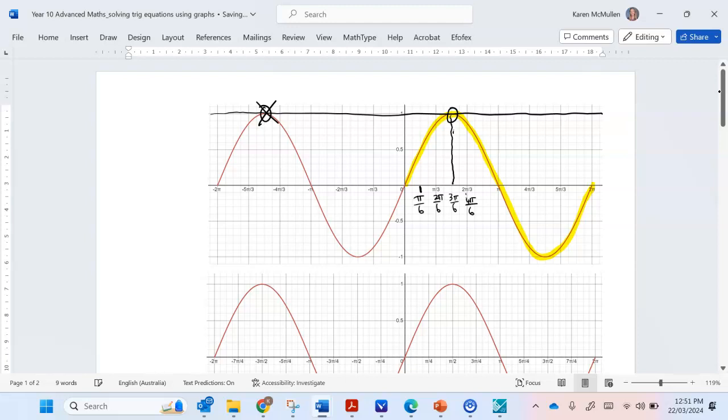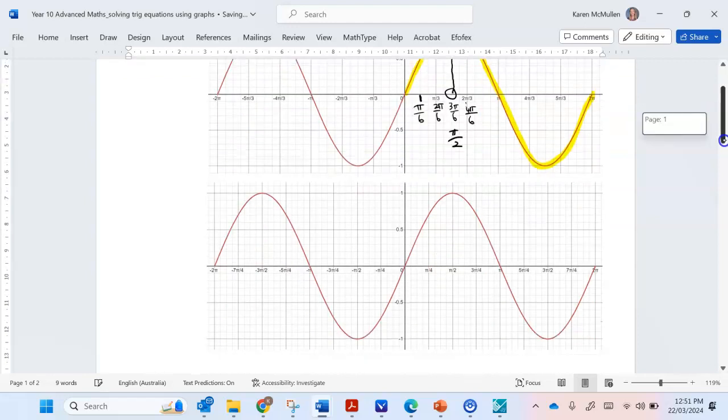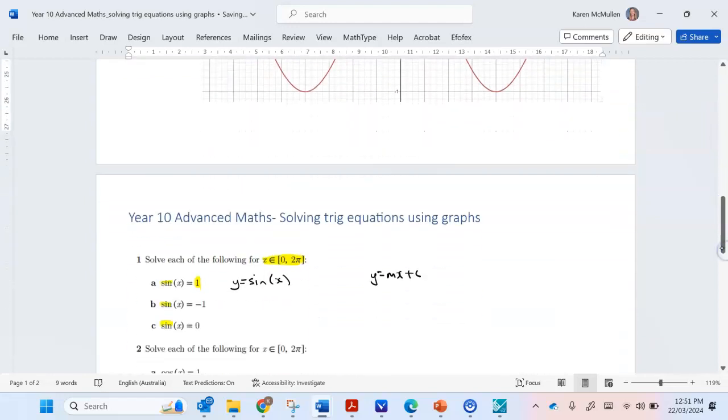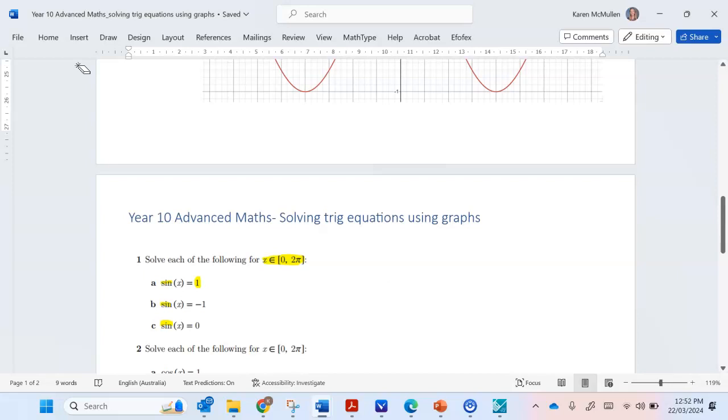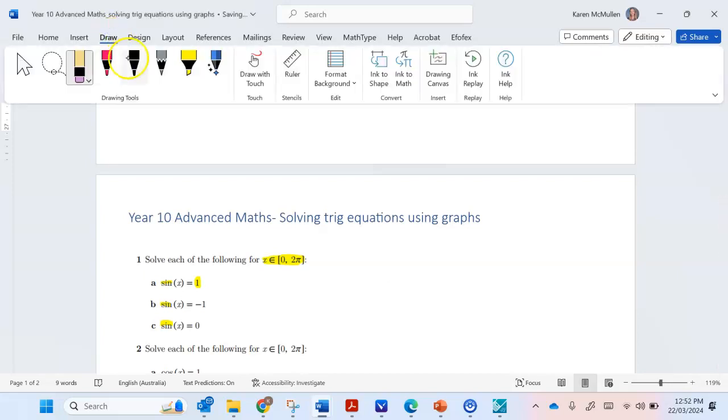All right, so I can just change my scale to be pi on 6. So this point here is 3 pi on 6, which is the same as pi on 2. So my answer for the first one is, let me just rub out what I had there before, is just pi on 2.